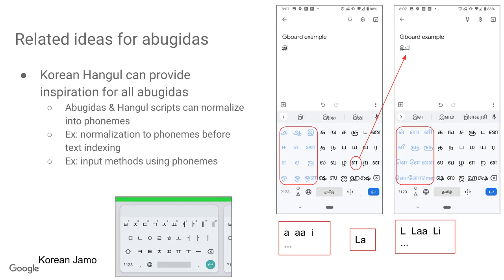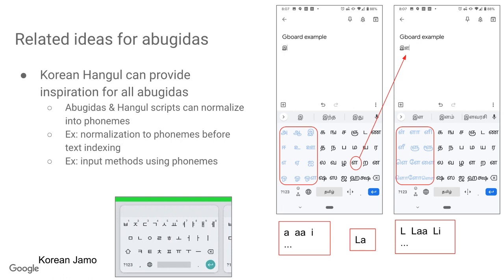Now, here's an instance of a Thumber input method, and the image on the left shows the key press of the la key indicated in the small circle, and the image on the right shows the result. Now, there are two things that are problematic in this scenario. The first is what happens to the vowel keys indicated in blue on the left-hand image.